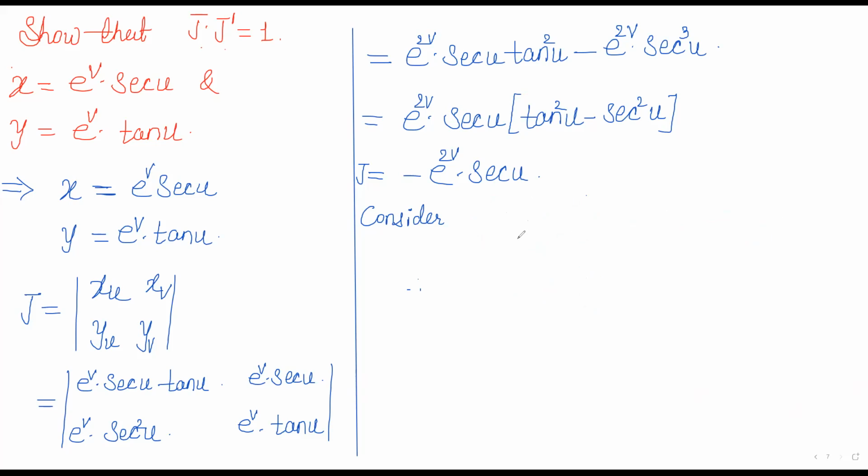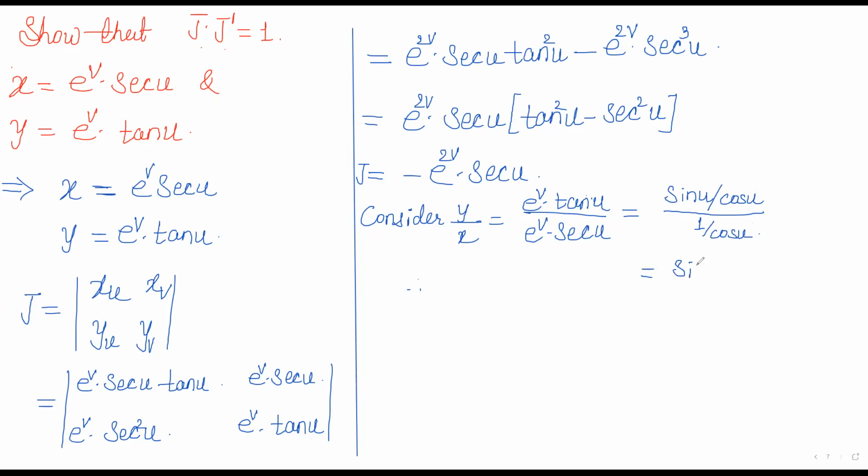So consider y upon x, which is equal to e raised to v into tan u divided by e raised to v into sec u, which is equal to e raised to v cancel, sin u upon cos u, and here it is 1 upon cos u, which is equal to sin u divided by cos u into cos u.